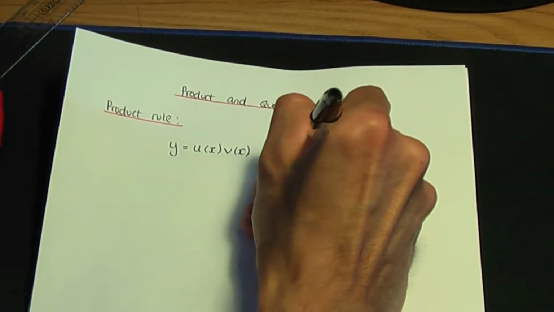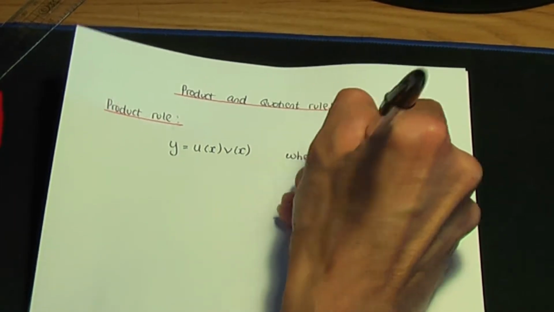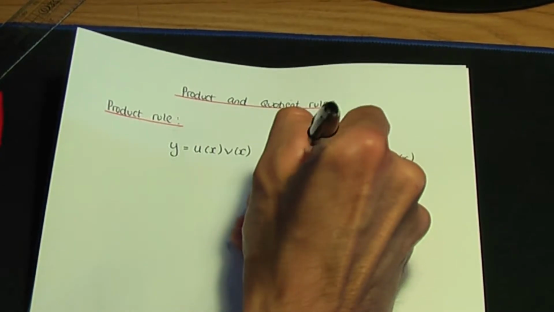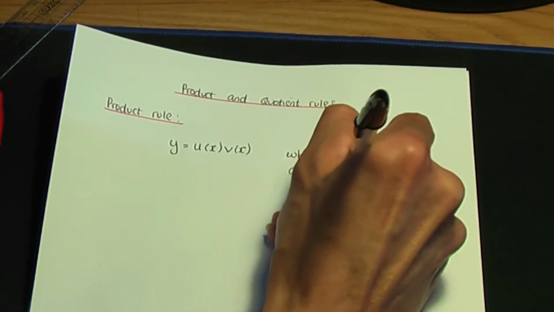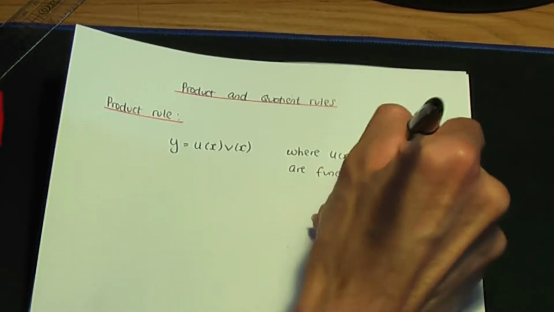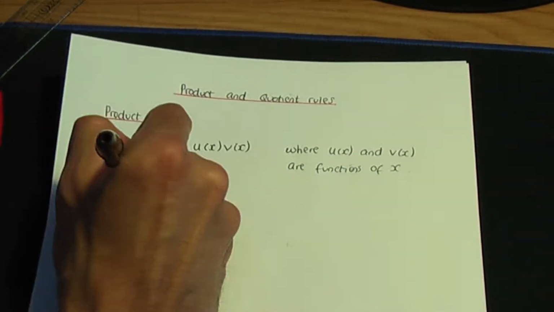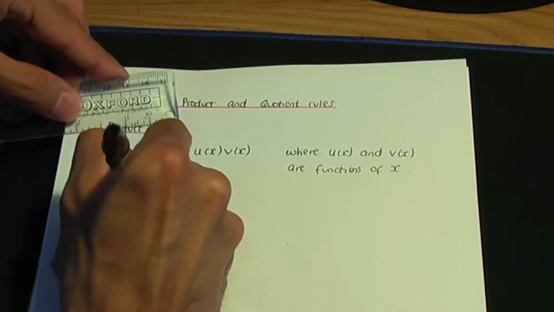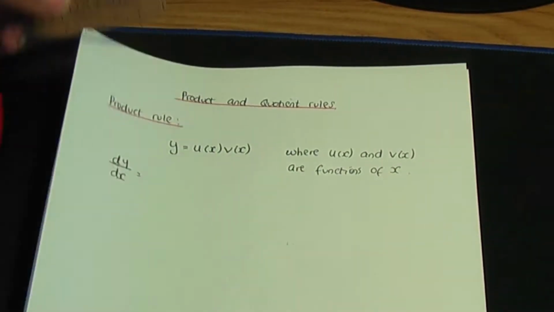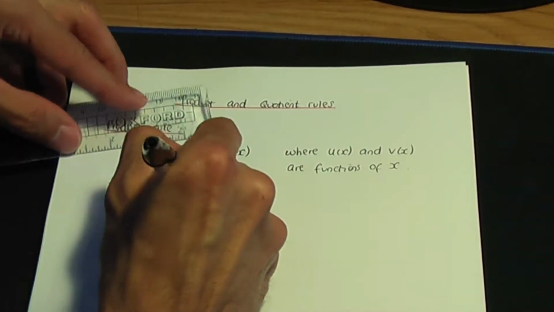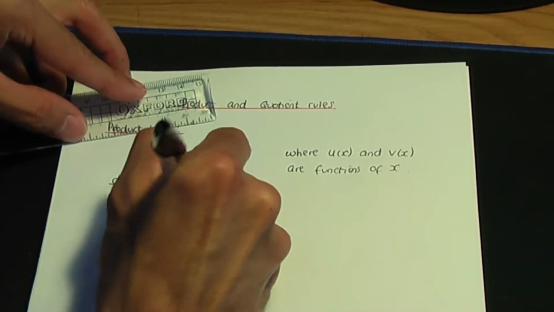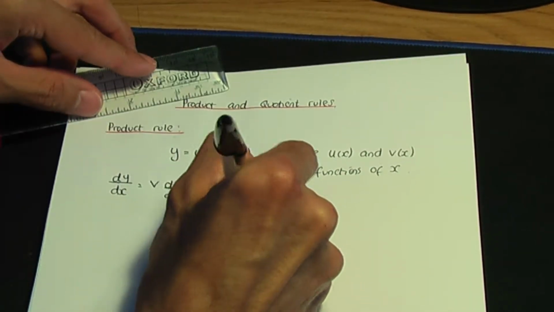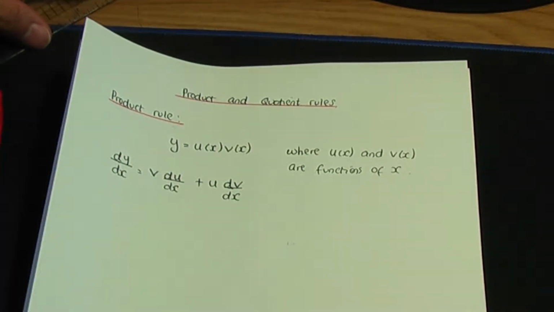So if you want to calculate dy over dx, the rule is v du by dx plus u dv over dx. So that is the product rule of differentiation.